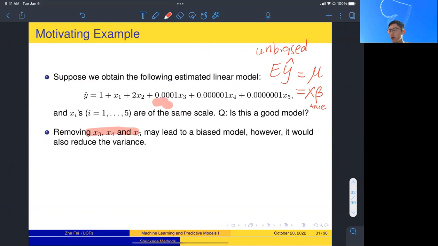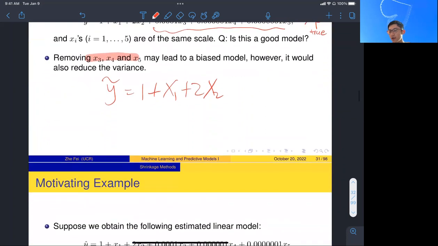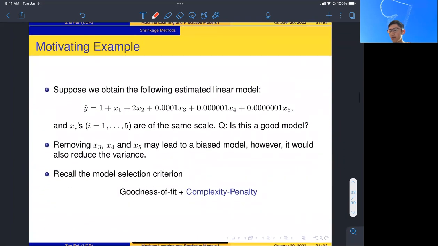If we remove all these three terms, for example, this would be our y tilde, that is only 1 plus x1 to x2. This expectation does not equal the truth. It is slightly biased, but it would also reduce the variance of our prediction, or of our estimate. So that's what we mean by the bias variance trade-off.